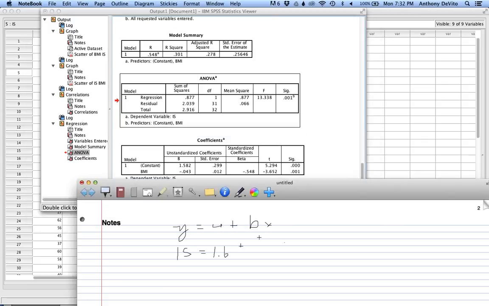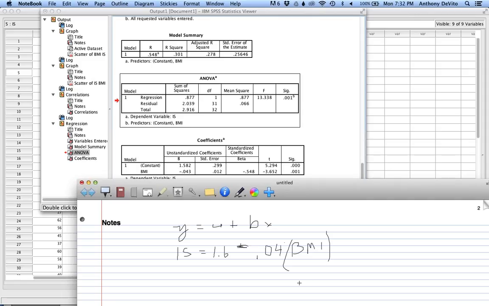So at any rate, y is equal to 1.6 plus negative 0.04, I'm going to round it off, times the value of BMI.